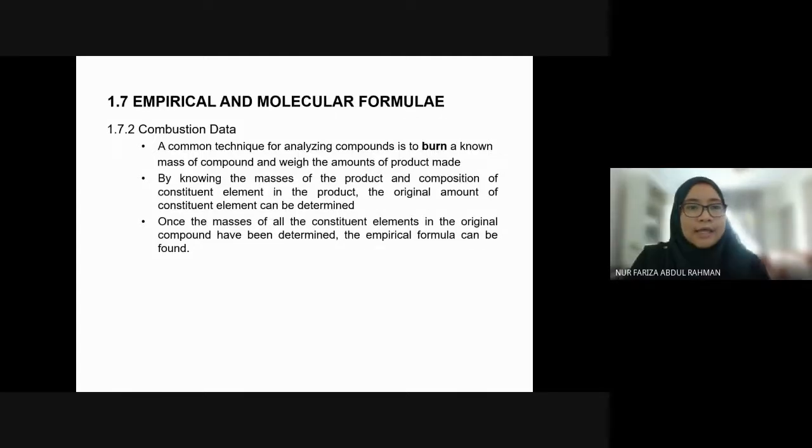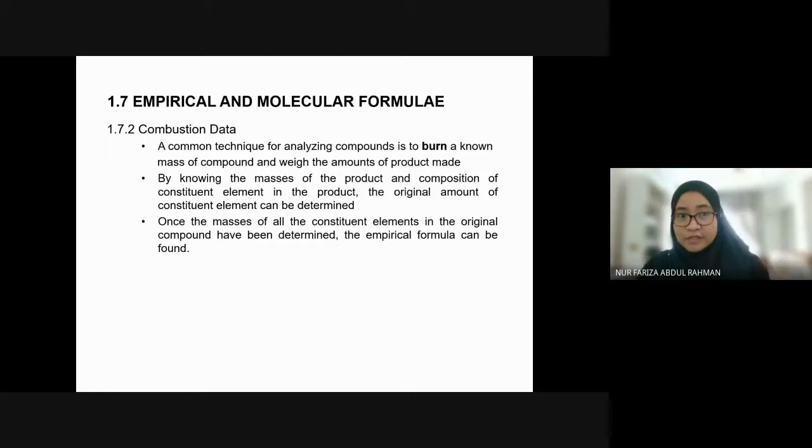Next is combustion data. Combustion data is a common technique for analyzing compounds. It is used to burn a known mass of compound and then weigh the amount of product made. This is what I call an application of empirical and molecular formula.